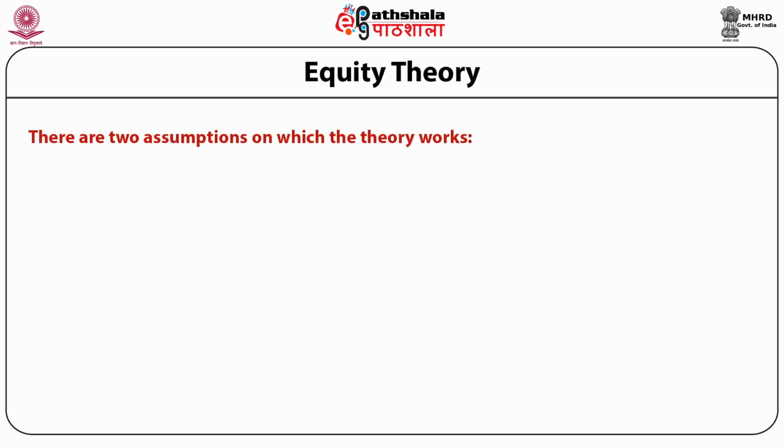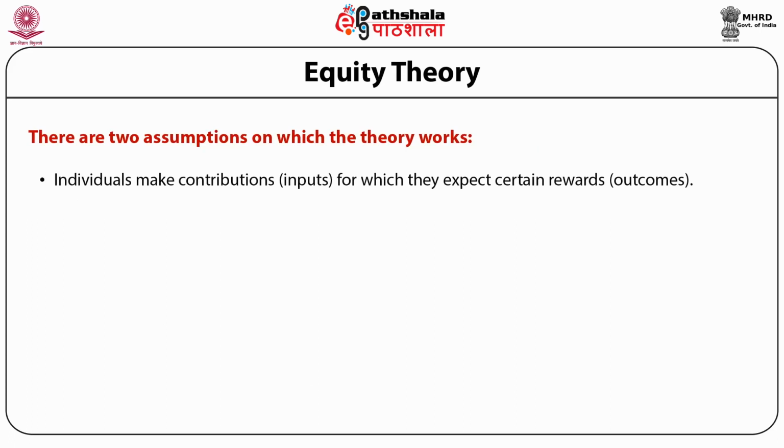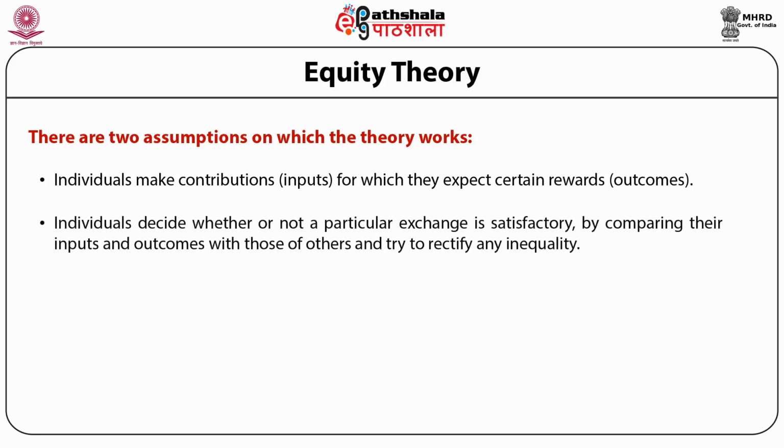There are two assumptions on which the theory works. First, individuals make contributions for which they expect certain rewards. And B, the individuals decide whether or not a particular exchange is satisfactory by comparing their inputs and outcomes with those of others, and try to rectify an inequality.